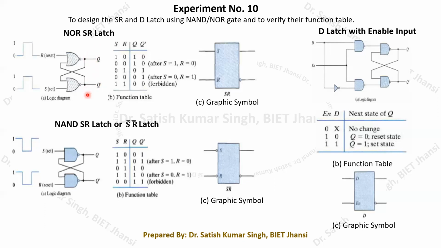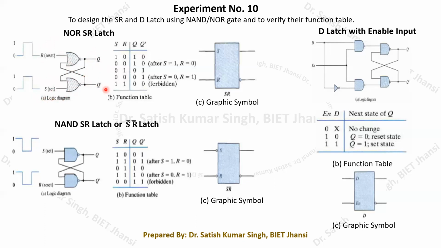But one thing you have to remember is that the function of our latch is such that these two outputs should be complement to each other. If we consider this output as Q and this output as Q bar, then there is a certain set of inputs that gives Q and Q bar equal to 1 and 0, and that is known as the set input.